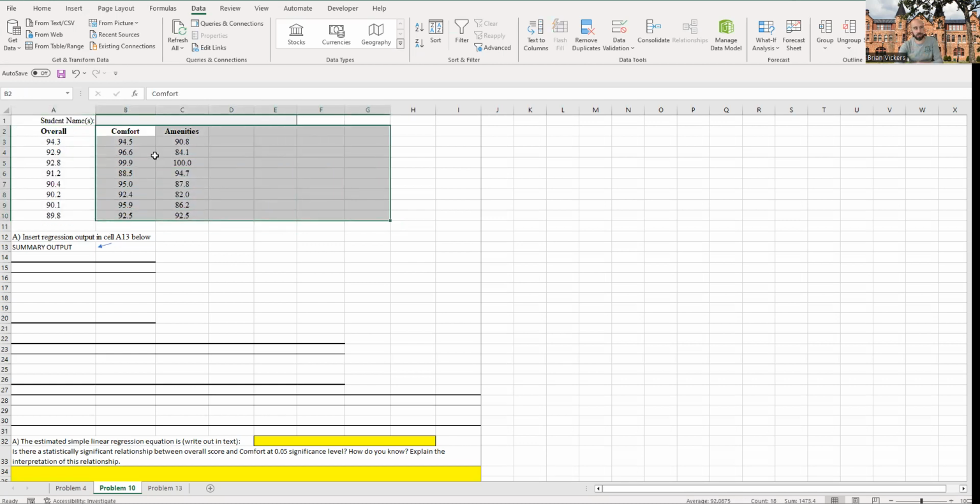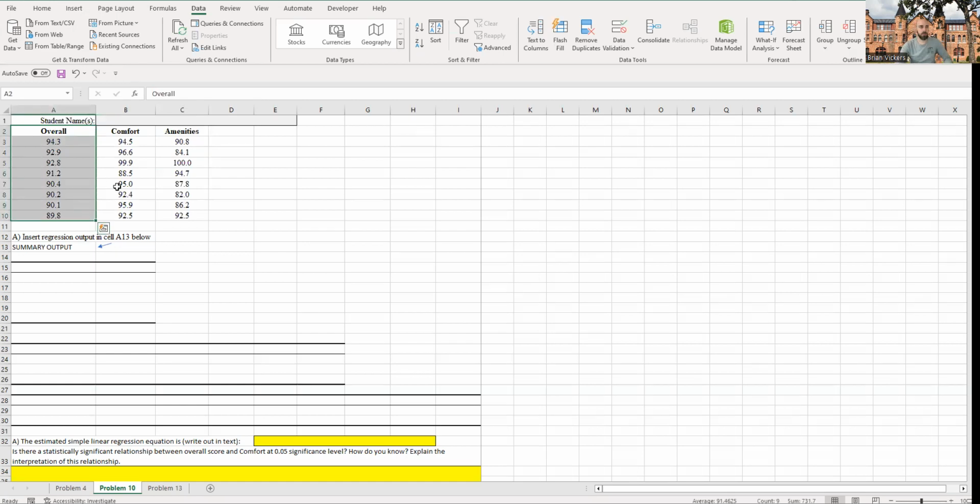All of those are listed afterwards, and that's how these are set up in the book and in the problem set as well. So when you're running your regression with the Data Analysis ToolPak, just make sure that you are paying attention to what the question is actually asking, and that you're selecting the correct variables each time.